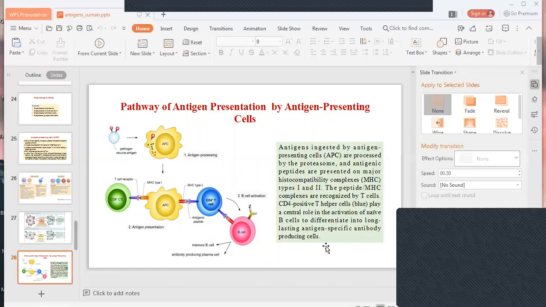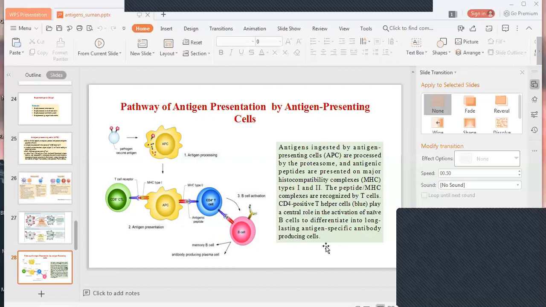Next, the antigens will be processed, and then the processed antigen will be presented to the T cell, helper T cell mostly. Because the processed antigens have some epitopes for the TCR, they will bind with the TCR with the help of the MHC and APC complex.